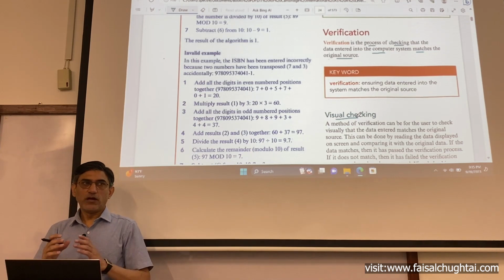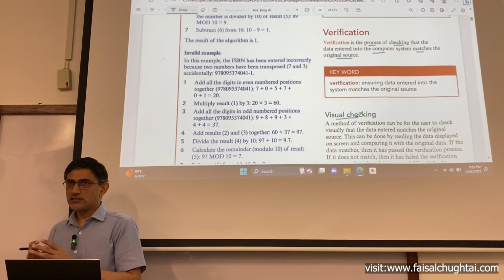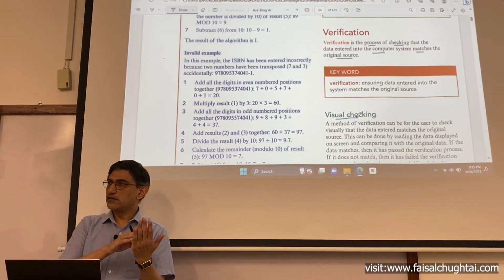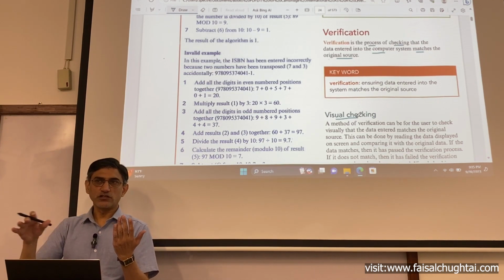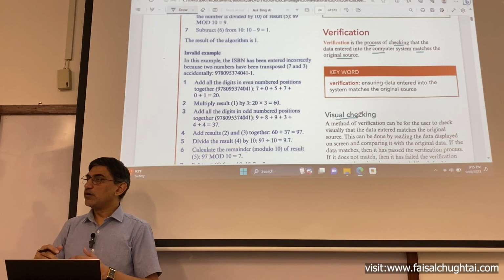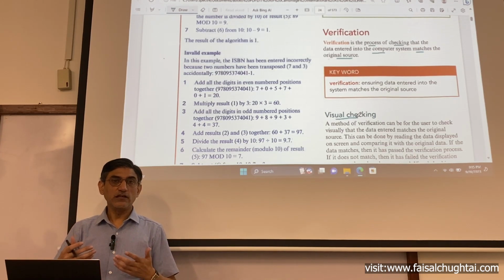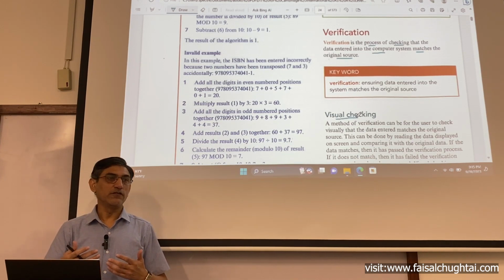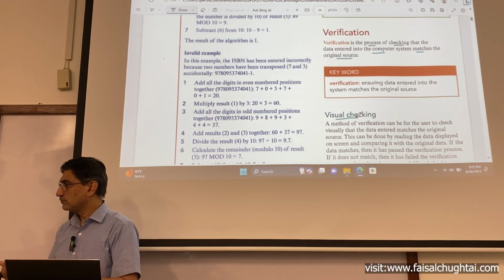All right, but it is not always the case that you are copying data from the source document into the computer and then cross checking if the data is the same. Sometimes you may be asked to enter data into the computer twice, and the computer would verify if both the data entered are the same or not.